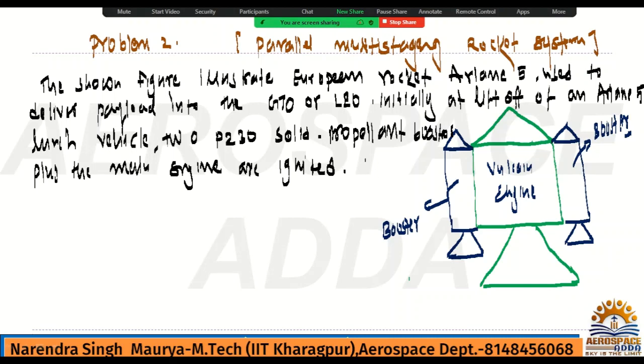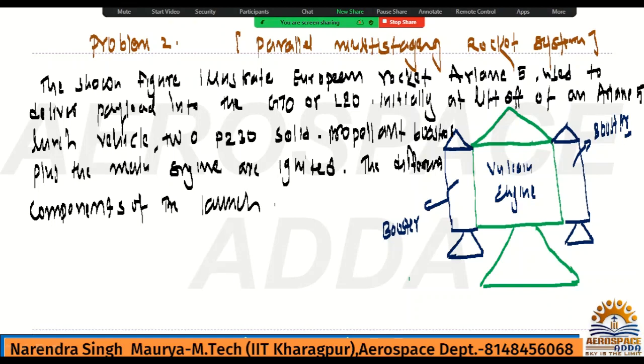Two different components of the launch vehicle have the following characteristics.